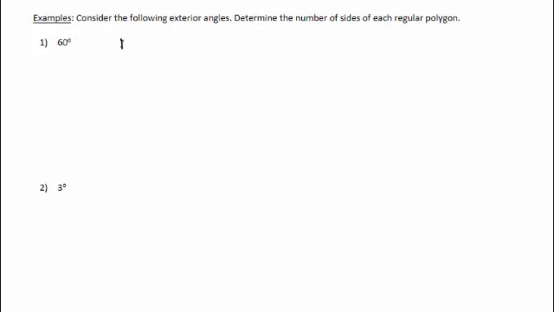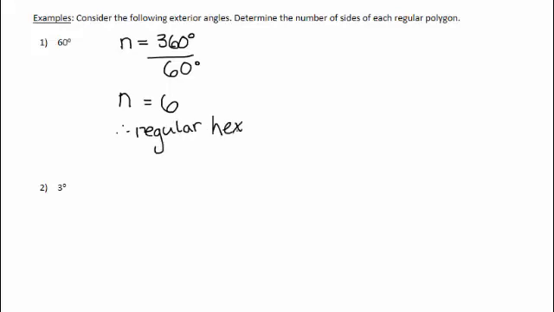So the number of sides of this polygon will be equal to 360 degrees divided by 60 degrees, again because we know that all exterior angles are equal in a regular polygon. We divide this out and figure out that n is 6, therefore this shape is a regular hexagon.